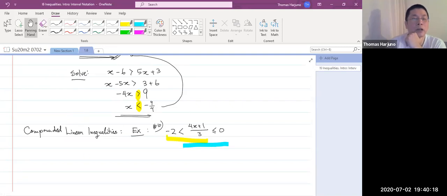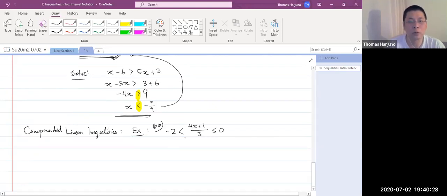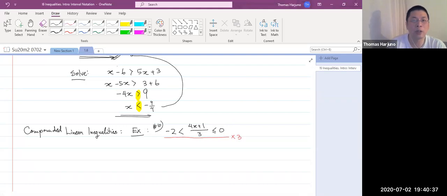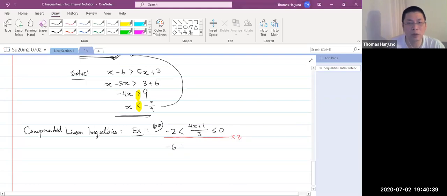If x is located only in the middle term, then we can just solve it all at once. So let's say my red color here is something you don't need to show. But I show you this so that you know what I do in between. First, I multiply by 3 on all sides because it's a positive number, +3, right?